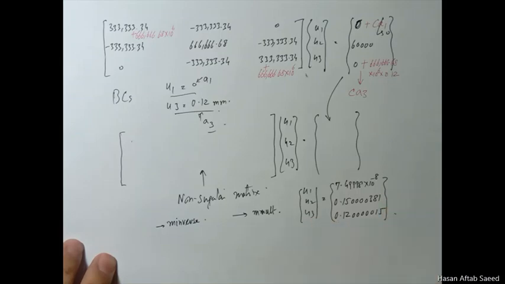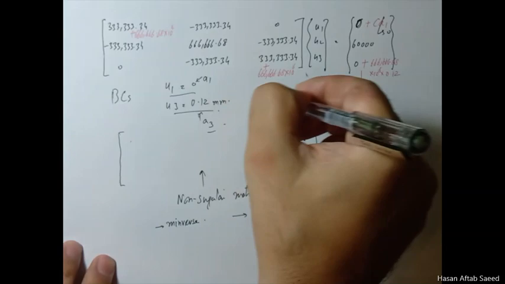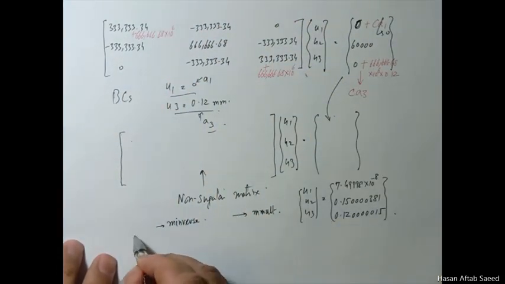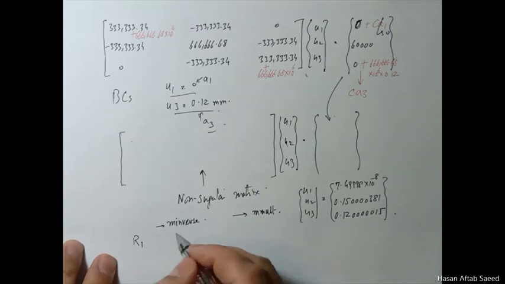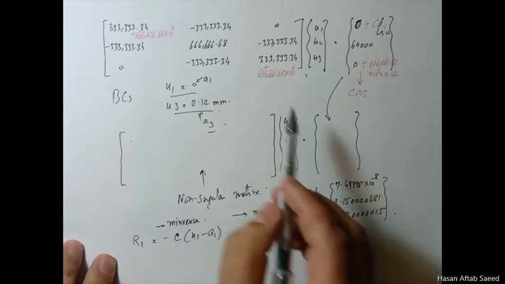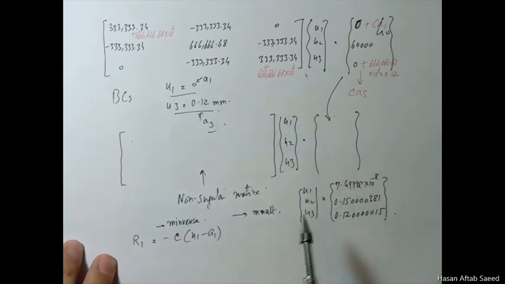Now what about the reaction forces? Reaction forces, again, how simple it is to apply the boundary conditions, and if you want to find the reaction forces, they are equally simple. R1, we went through this, is minus c times (u1 minus a1). Now here the difference between what you sought to apply and what was actually applied comes into play.